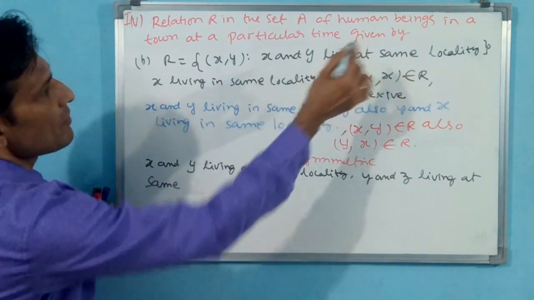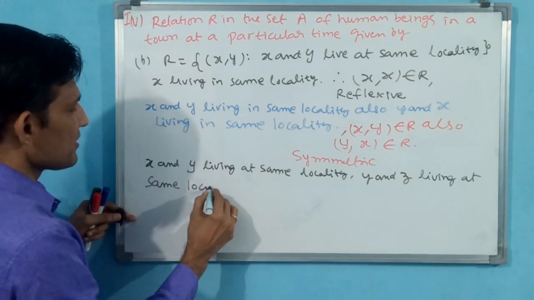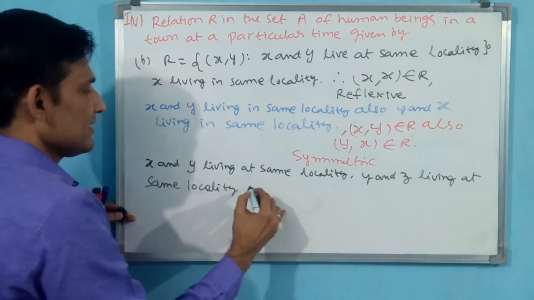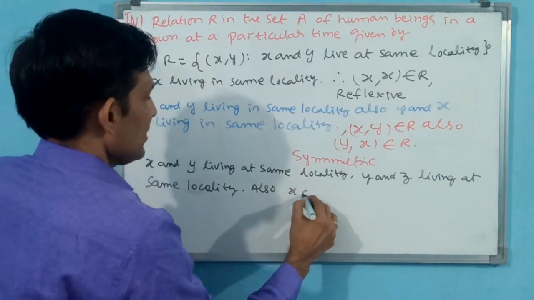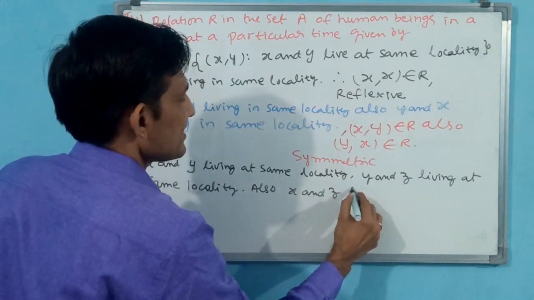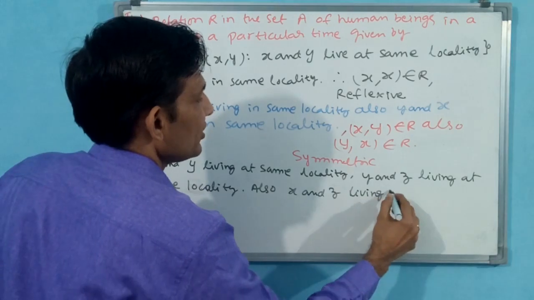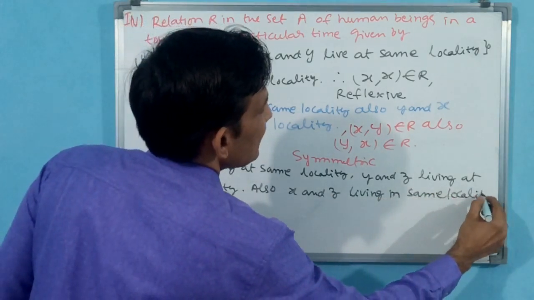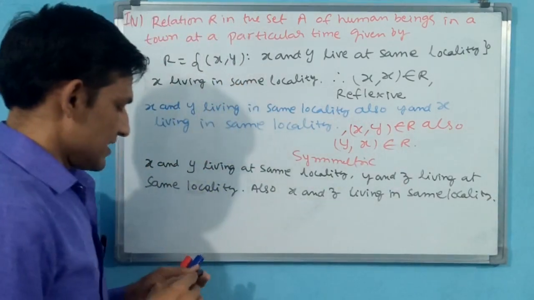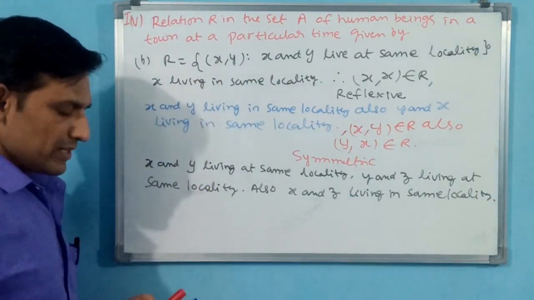You write locality only. Why? Because locality is given. Don't write a place. Also, X and Z living in same locality. X and Z also living in same locality.